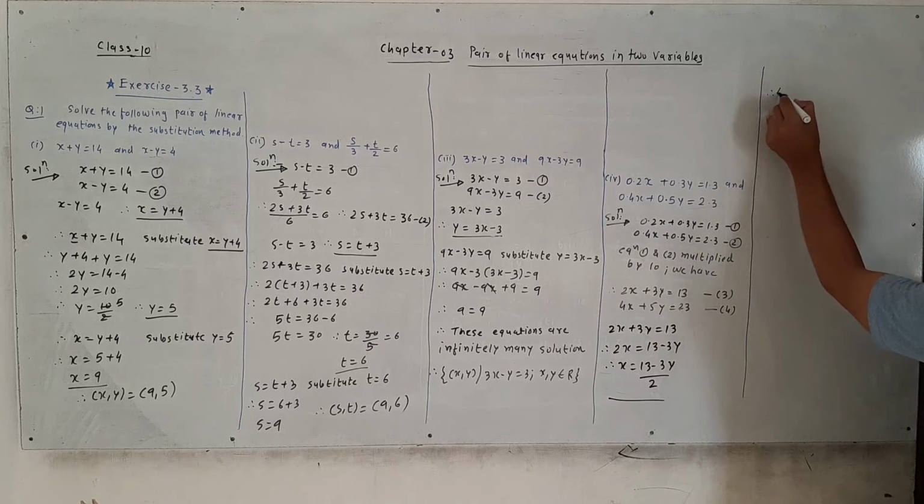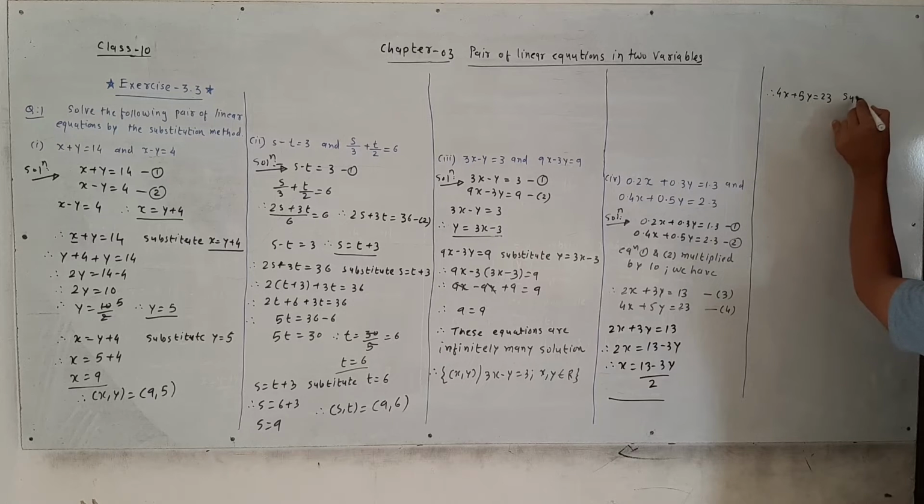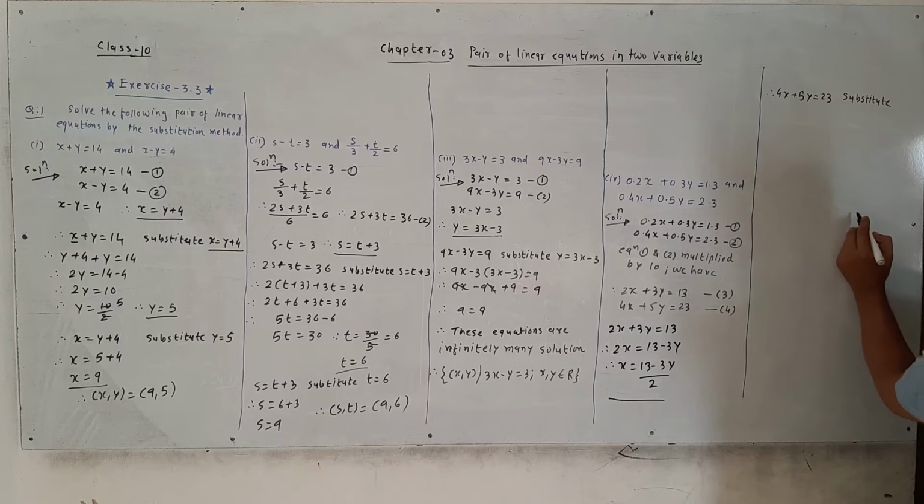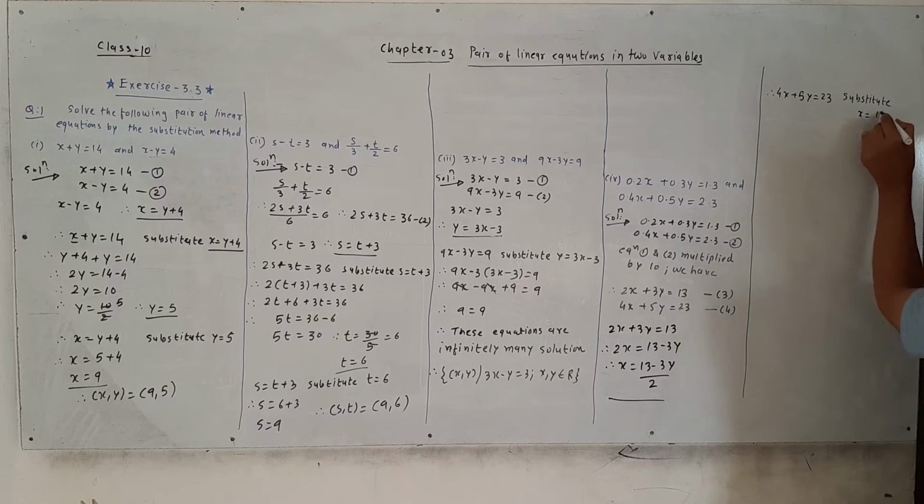Therefore, 4x plus 5y is equal to 23. Substitute x is equal to 13 minus 3y divided by 2.